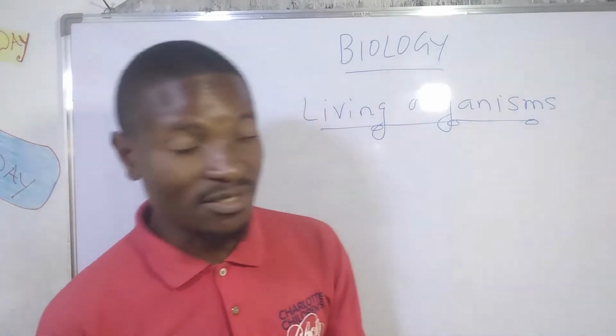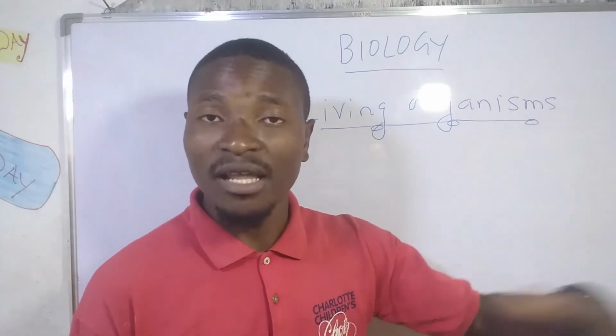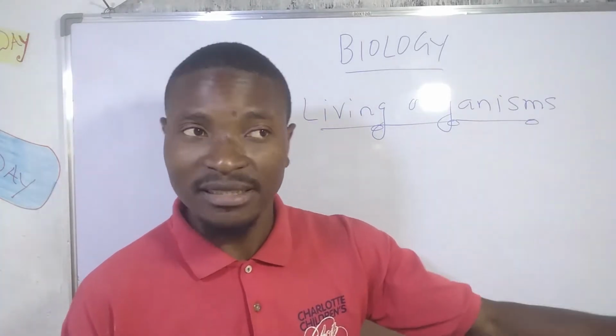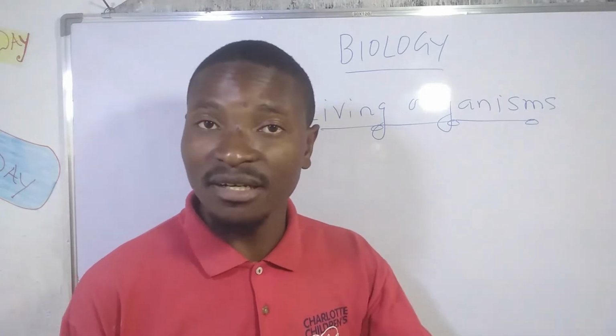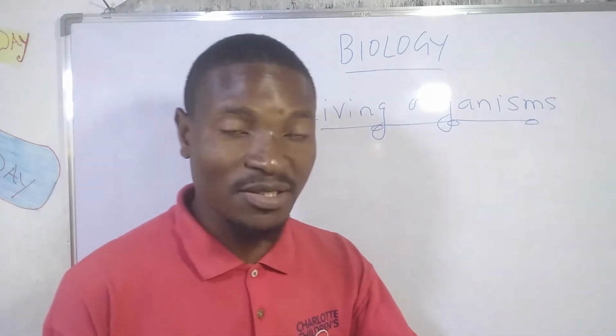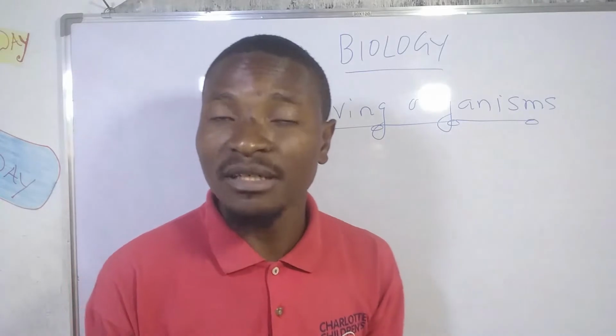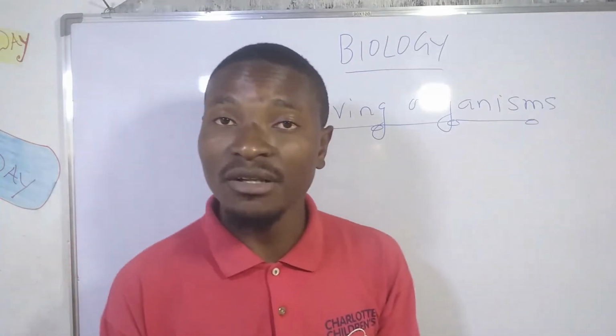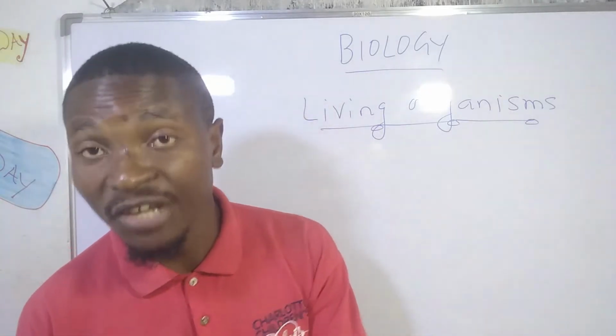These characteristics are about seven of them, that we use to decide whether something is a living organism or not a living organism. But of course, we are simply talking about living organisms or living creatures.